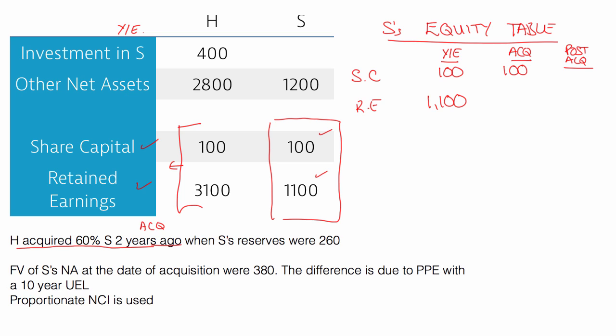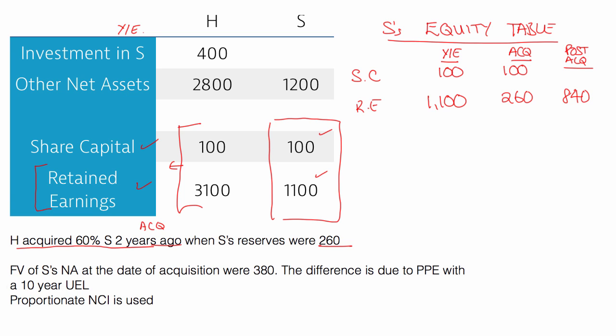When S's reserves, here's their reserves, okay, which is only retained earnings in this question, were 260. So I know that at acquisition it was 260. So since acquisition has been 1,100 minus 260, which is 840. So far, so good.